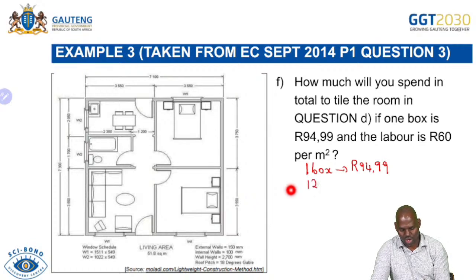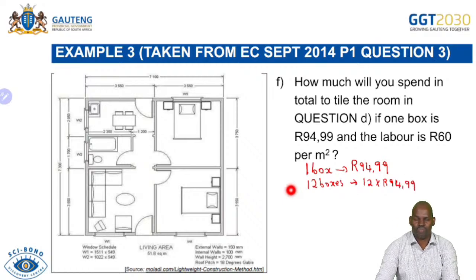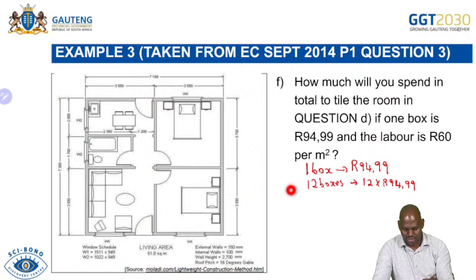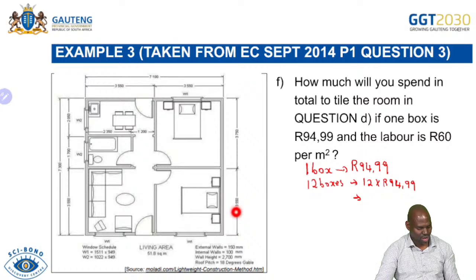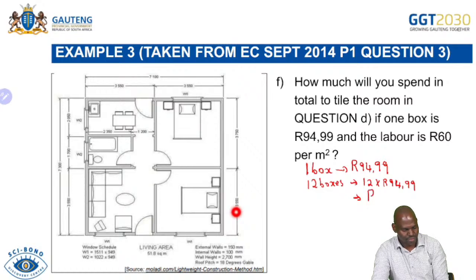So for 12 boxes, it's going to be 12 multiplied by 94.99. If you use a calculator, 12 multiplied by 94.99 is 1,139 rand and 88 cents.